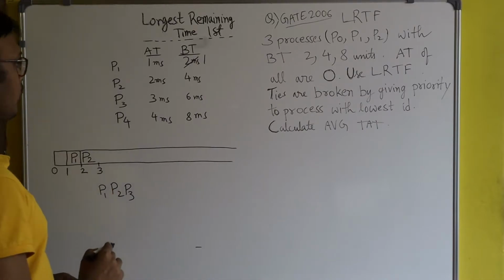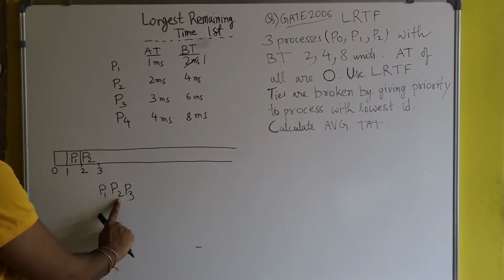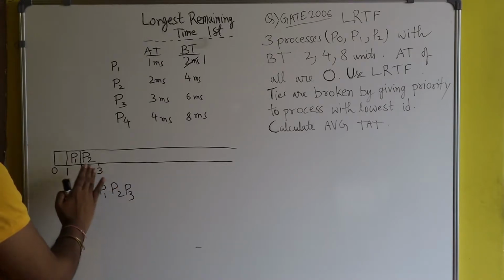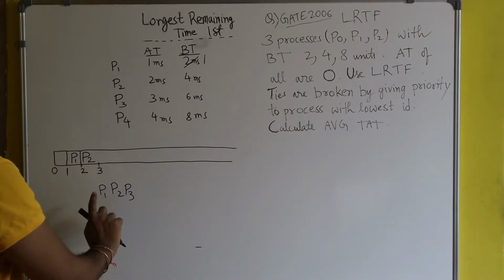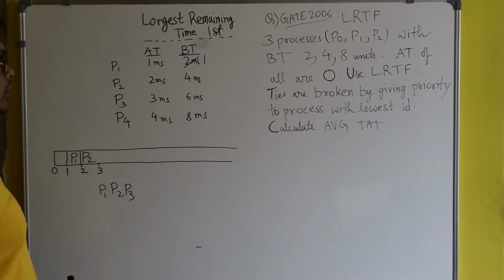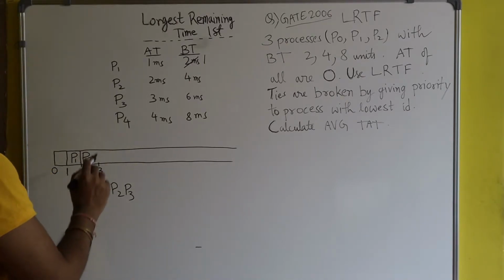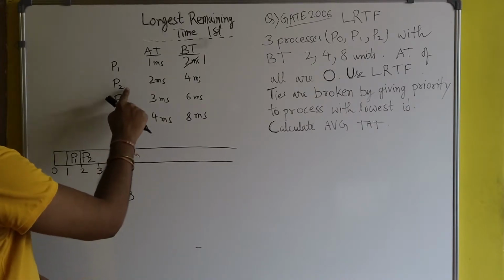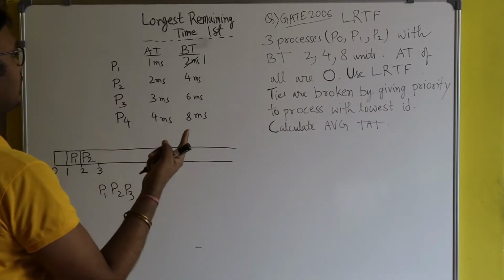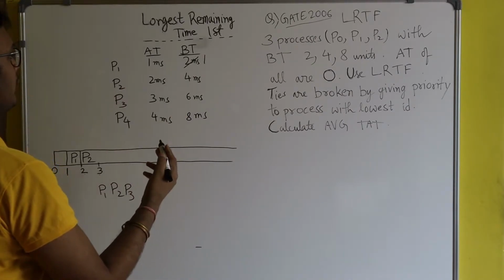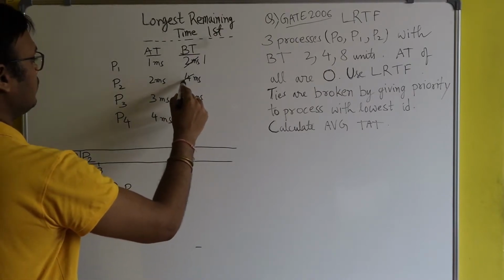How many available processes do we have by the end of 3? Process P1, P2 and P3. And also from 2 to 3, process P2 has completed 1 millisecond. So how much remaining burst time is left? 3 milliseconds.